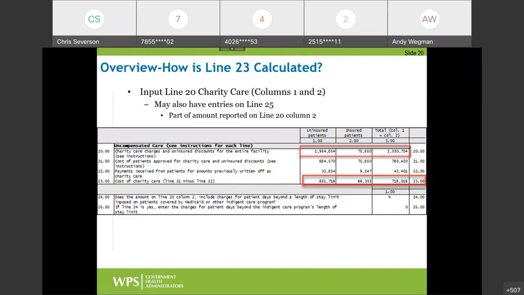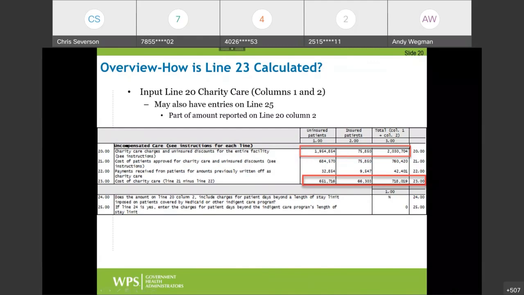We're trying to determine the cost of the charity care, not the foregone charge or the foregone revenue. So you'll see here, by the time we get from line 20 down to the ultimate cost of charity care, this nearly $2 million has dropped down to about $650,000 due to the cost-to-charge ratio. So column 1 gets reduced.